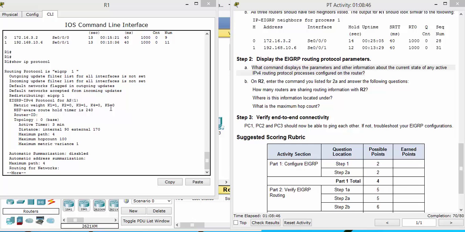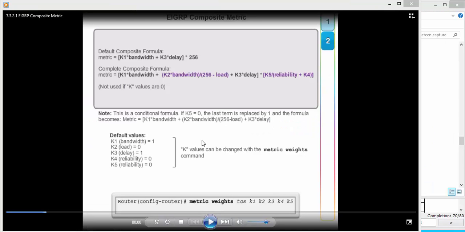Now, the default K values can be changed with the metric weights router configuration mode command. You can see the composite metric formula used by EIGRP.